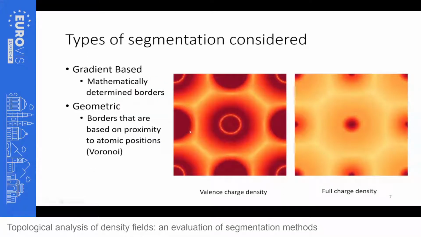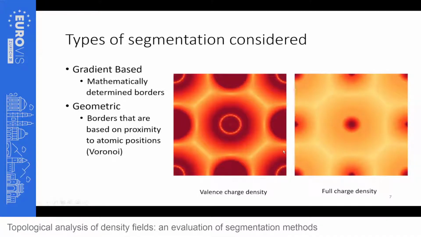One way to do it is to use either gradient or geometric segmentation methods. The gradient methods have the advantage of having mathematically determined borders, and geometric segmentation is based purely on the proximity of a given point to the atomic position.